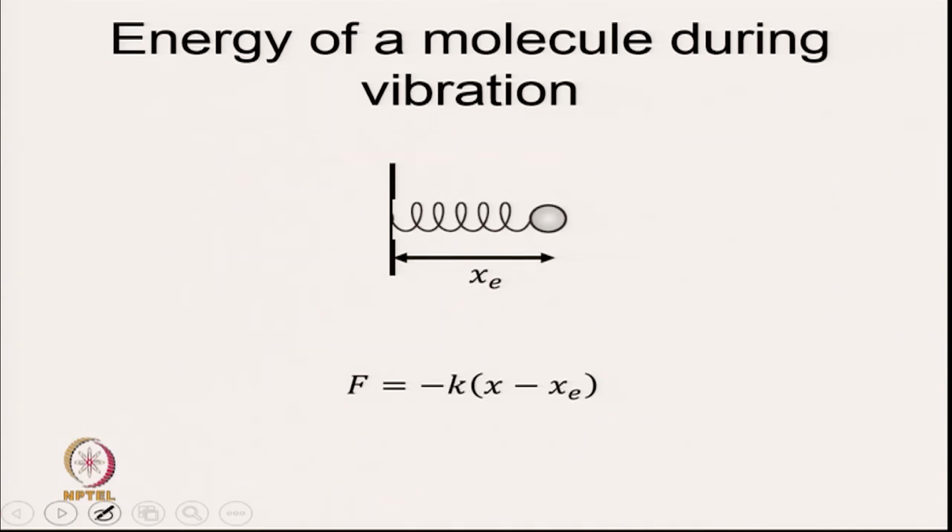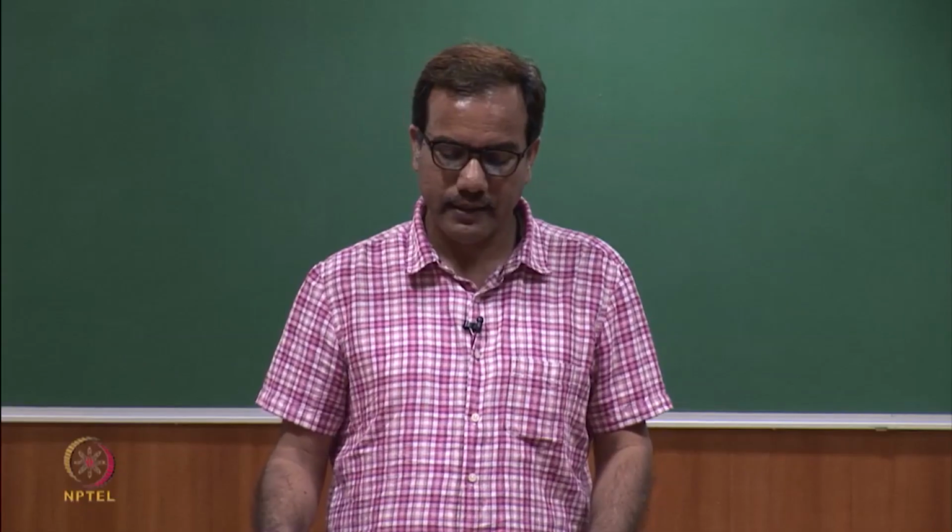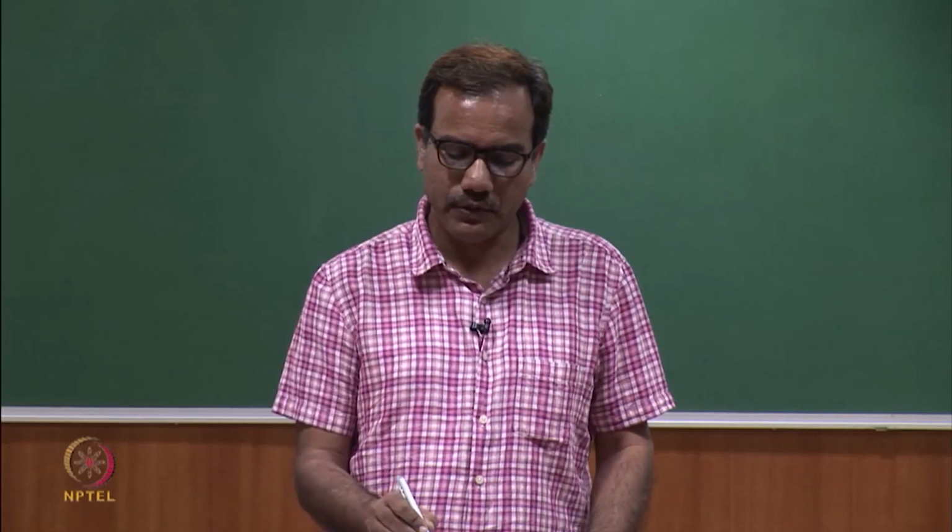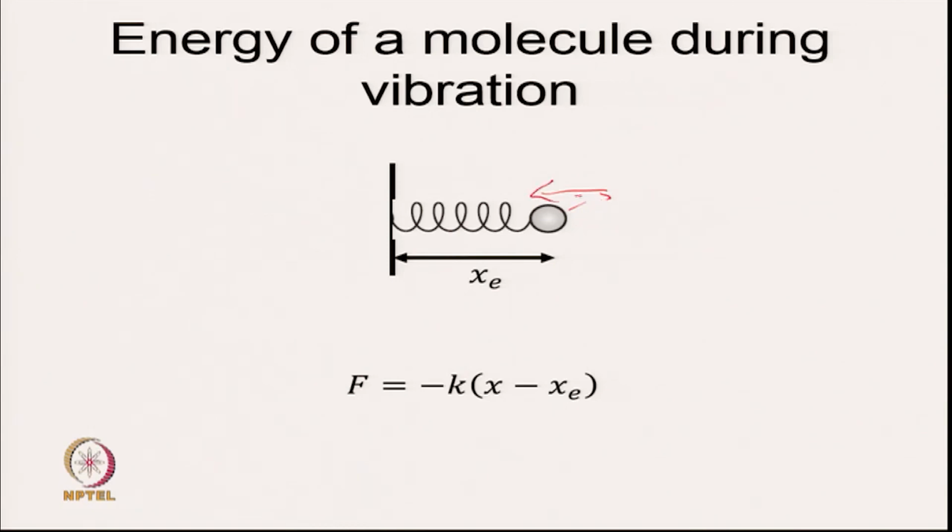So, suppose an atom is here and it is bound to a wall, and this is your equilibrium distance from the wall. Then if you extend it, what will happen? Suppose you extend by this much amount. This total distance is your x, and this distance is xc.